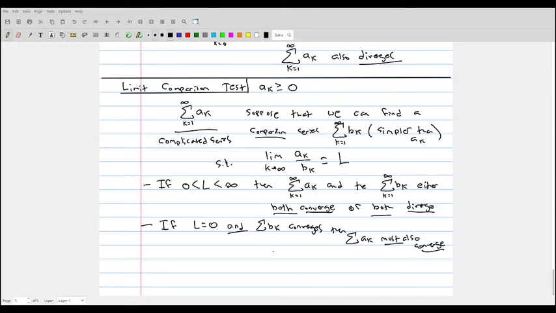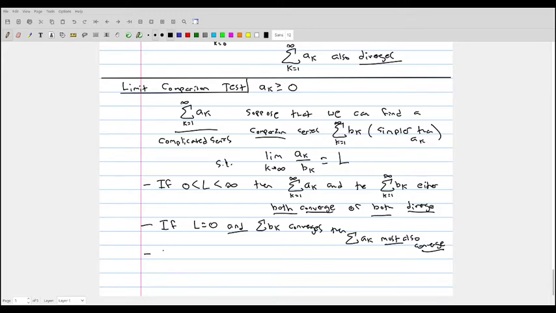So unlike the limit comparison test for improper integrals, we have a little bit more that it tells us. It doesn't say anything about divergence if the limit is 0, but if the limit is equal to 0 and you know that bk converges, then you can conclude that ak must also converge.